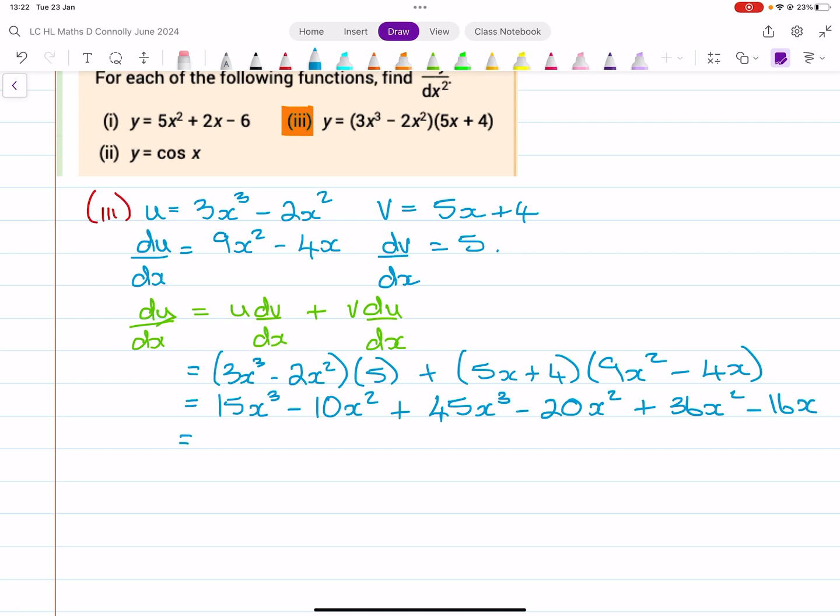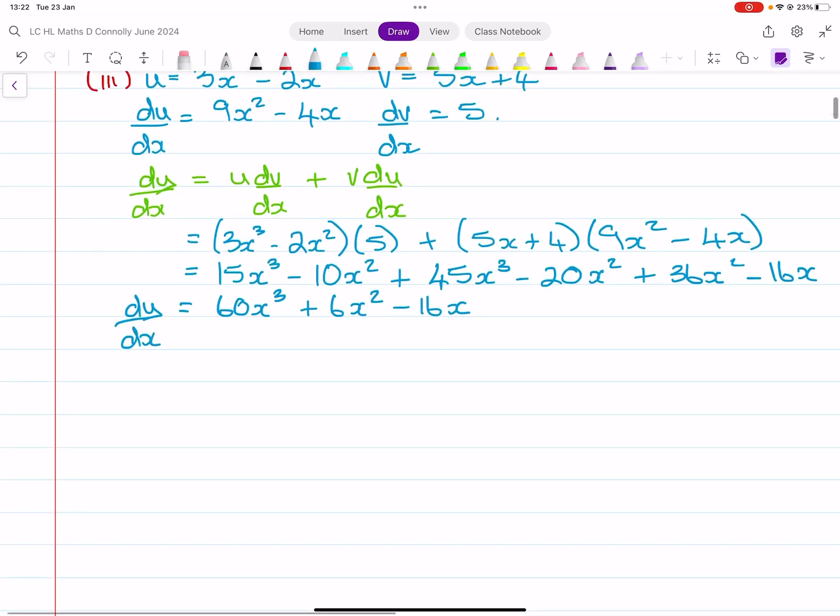And then simplify. So what's that? 15, 50, 60x cubed. The x squareds are 36 minus 30, is that right? So that's 6x squared. And just minus 16x. So that is your dy/dx. And then this question wants the second derivative.